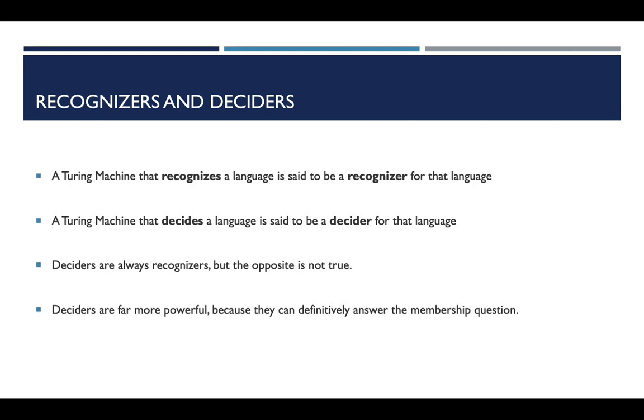If you were to choose either a recognizer or a decider, you would probably much prefer a decider because deciders can actually definitively answer the membership question. Given only a recognizer, if you do not know if the string is in or not in the language, and the string ends up not being in the language, you could potentially just wait for an infinite amount of time and make the determination based on the amount of time you're waiting that the string is not in the language.